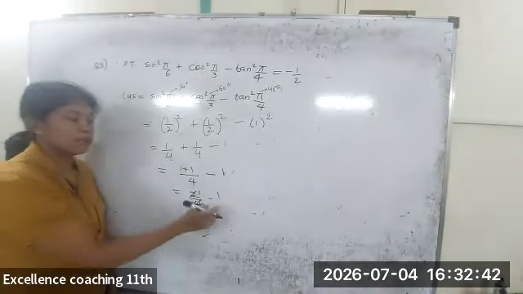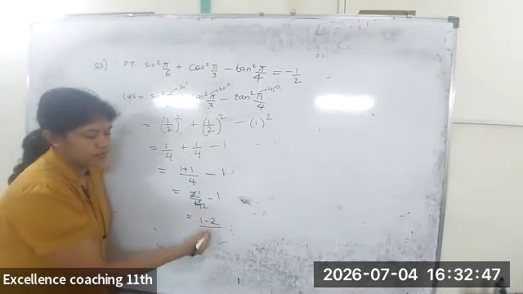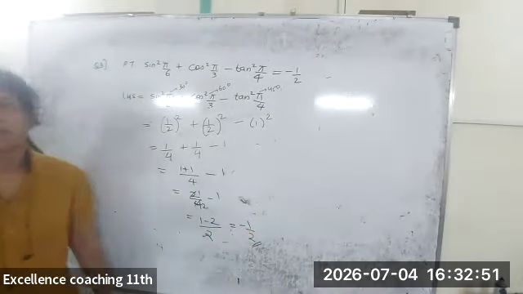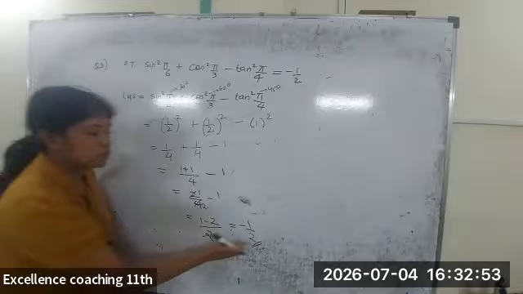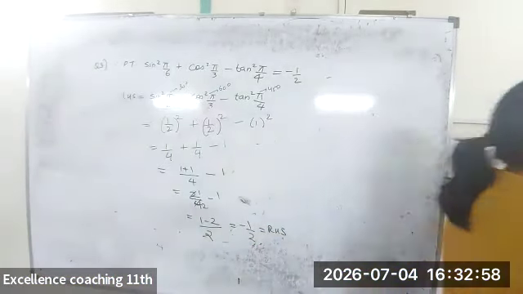And now cross multiply, which you are getting equals to the RHS, right hand side.